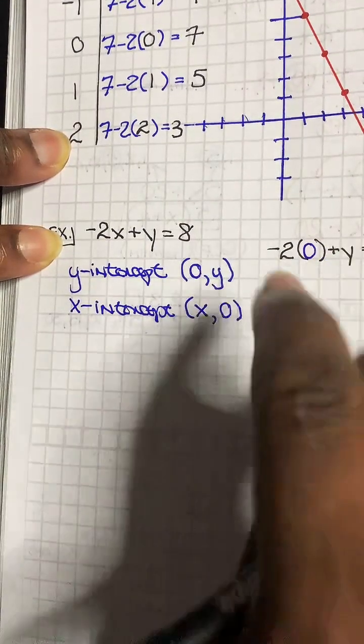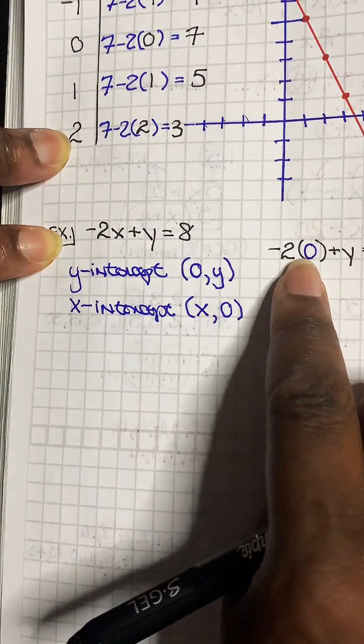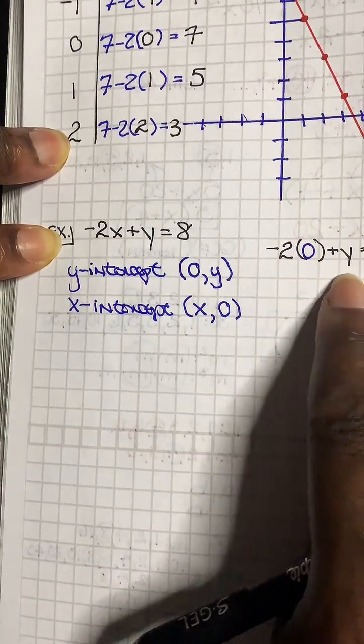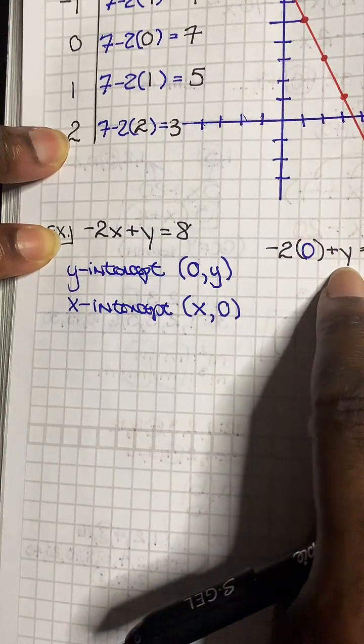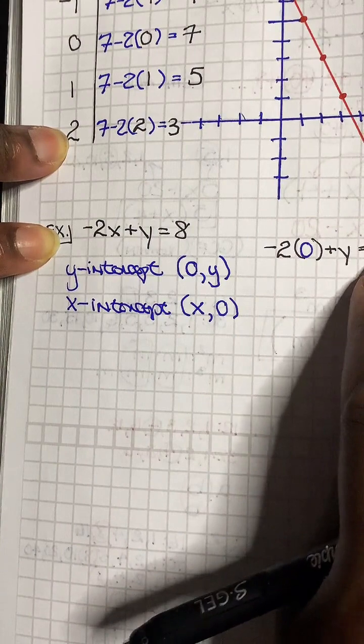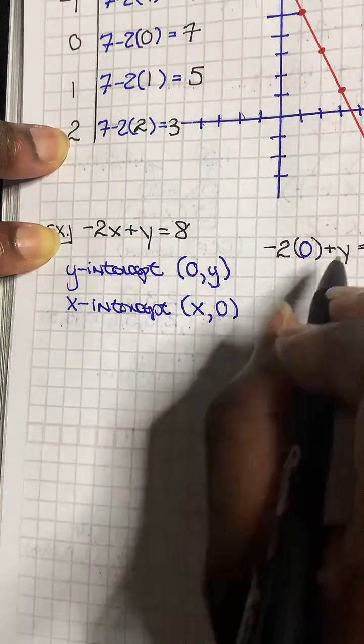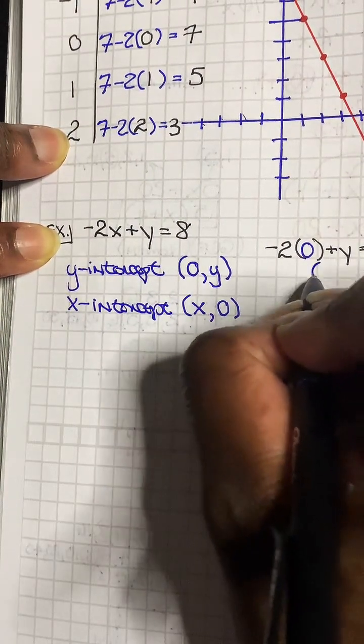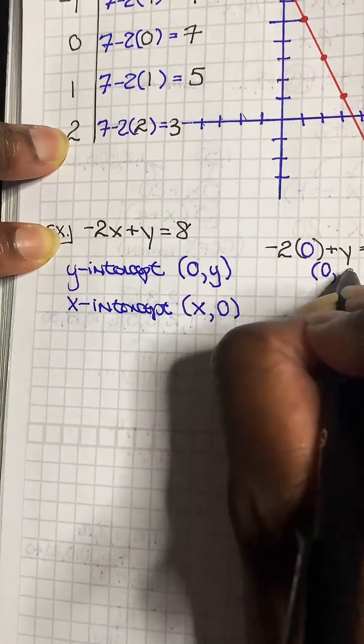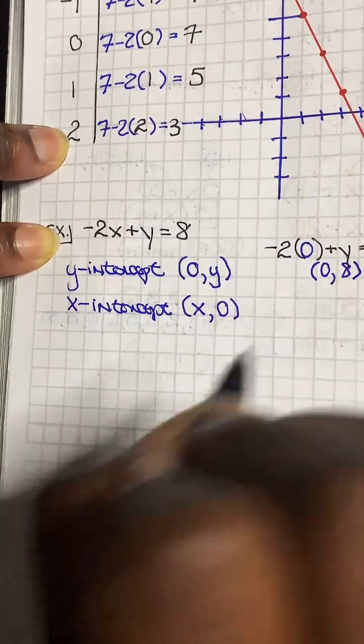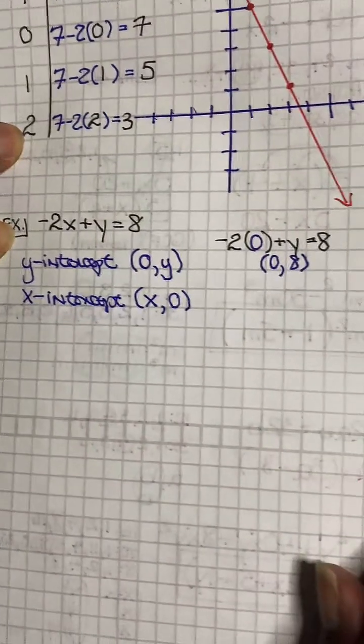So anything times 0 is going to be 0. So right away, what's left is going to be y equals 8. So my y-intercept is going to be 0, 8. So that's one ordered pair.